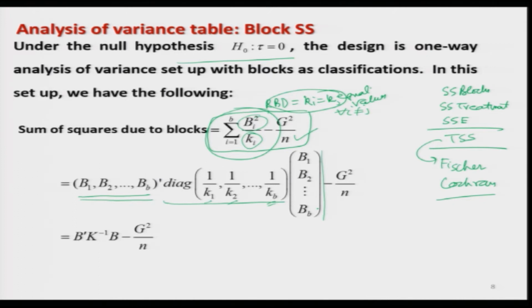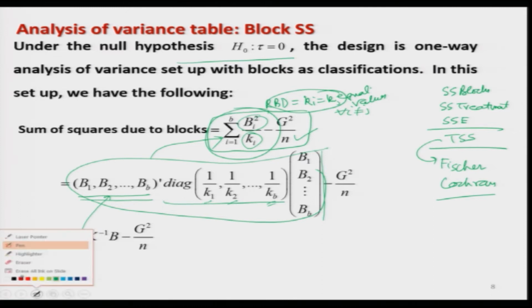If you solve this, don't you get the same quantity, summation i goes from 1 to p, B_i square upon k_i? Yes. And this vector B1, B2, up to Bb is what you had indicated by the vector B.